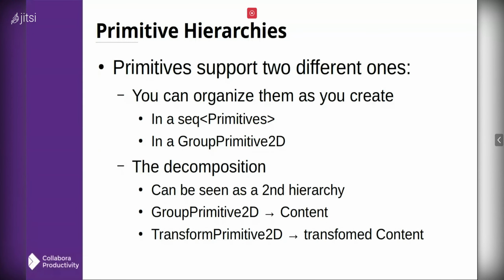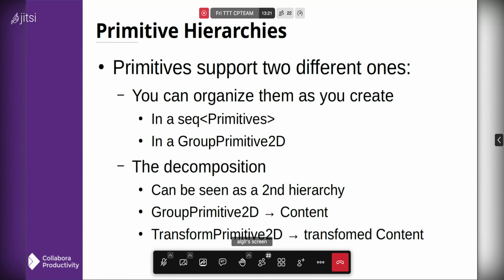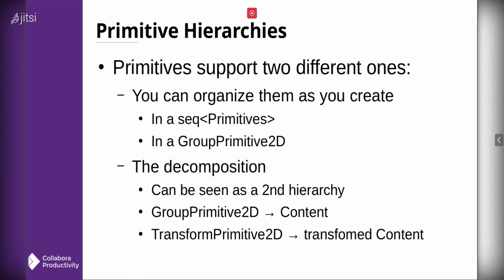Primitive hierarchies. I think some people are irritated by the primitive hierarchies because there are two different ones. The one is how you organize your primitives when you create them, normally in a sequence of primitives, but when your sequence gets too big, you can anytime embed them in a group primitive to make smaller portions, and instead of a linear sequence of primitives, you can build a tree-like structure.